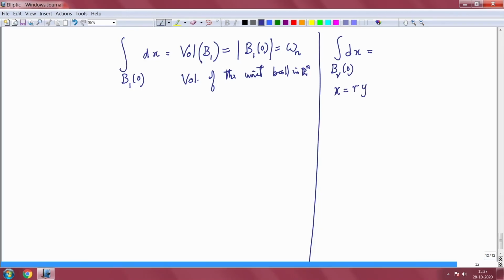So, when x varies from 0 to r, y varies from 0 to 1, but then dx will become r power n.